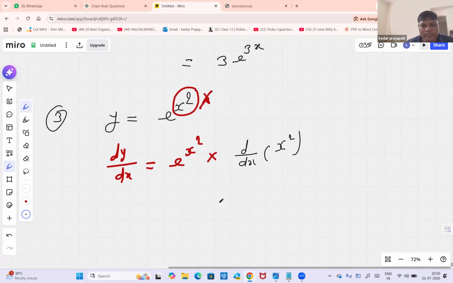Now only this much you have to figure out. d by dx of x square is 2x, and this is e to the power x square. So the answer will be 2x e to the power x square.